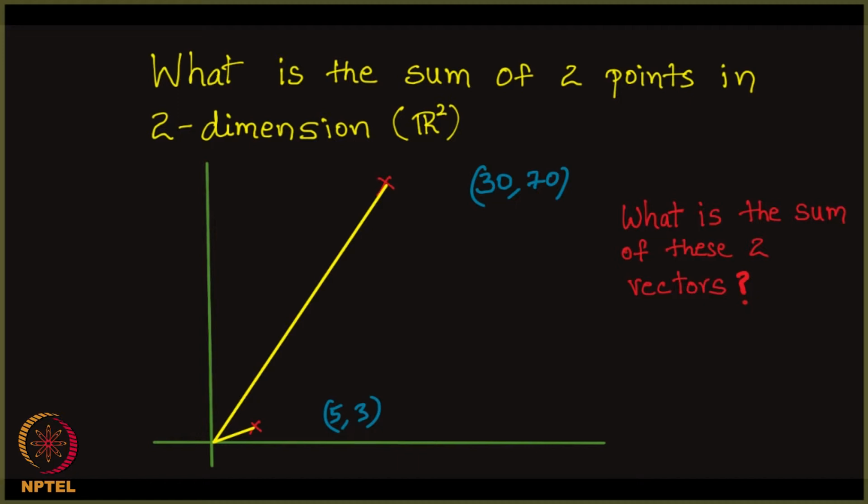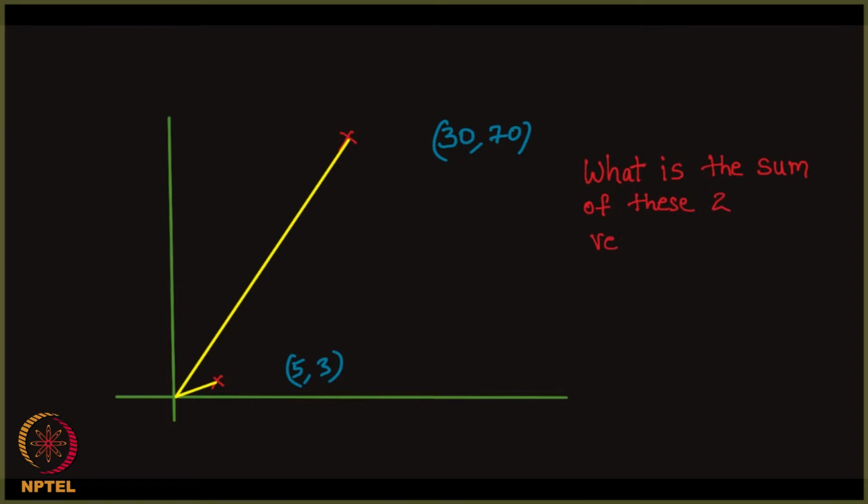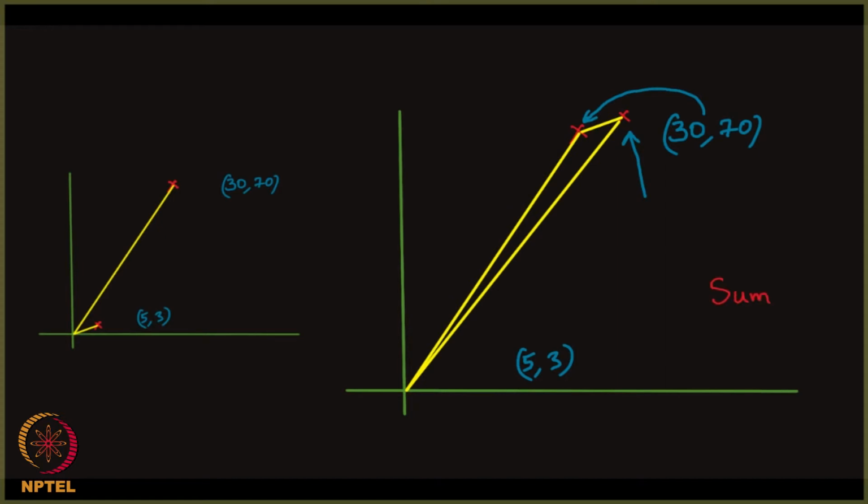Let's see that in detail now. So let me write that once again. And my question is, what is the sum of these two vectors, right? And I will try to find the sum. Very obviously, the sum is simply this point. That's the sum of 30, 70 and 5, 3, right? I didn't mean to exaggerate this concept. It's a very straightforward concept, but the observation is not so straightforward.